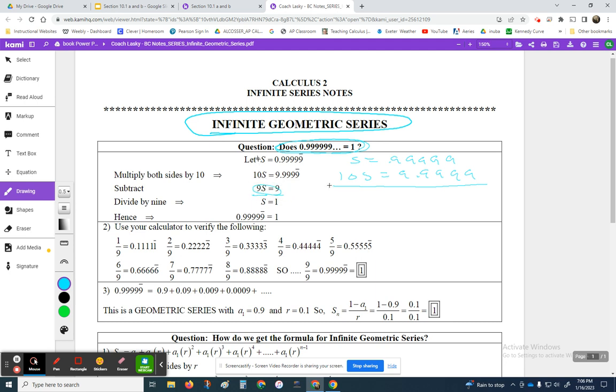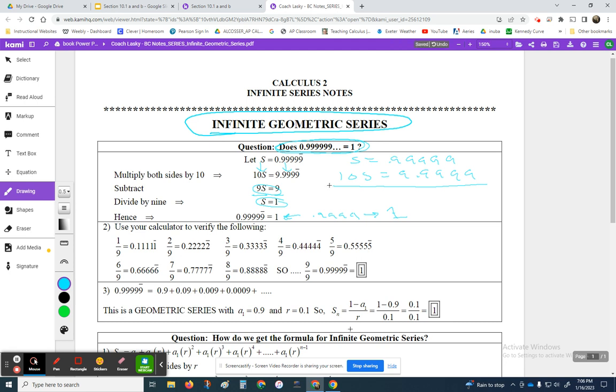So we end up with 9S equals 9, and we divide it by 9, and therefore the idea of this series is that 0.9999 approaches 1.